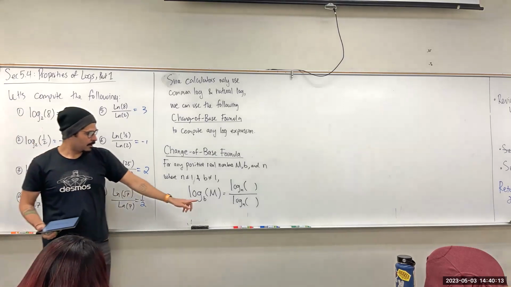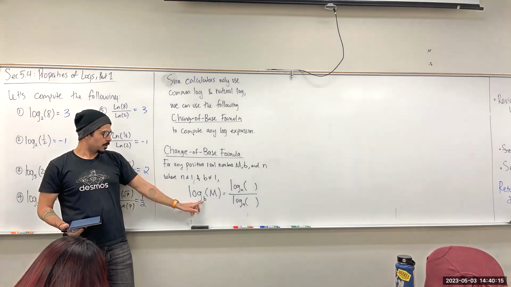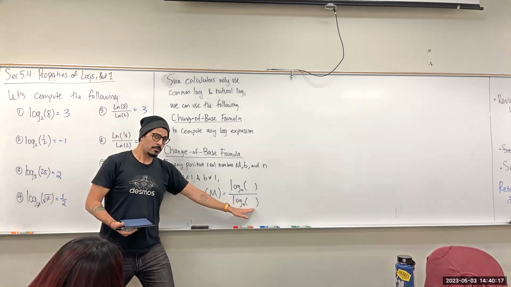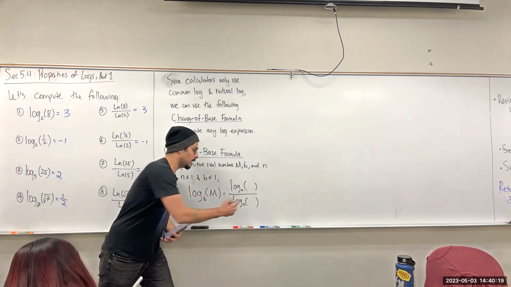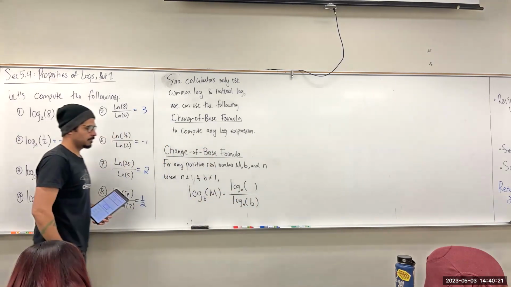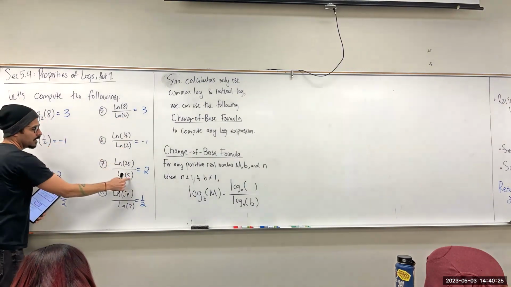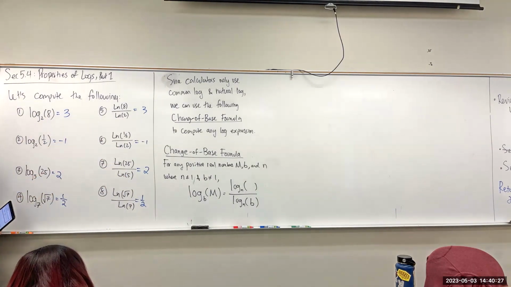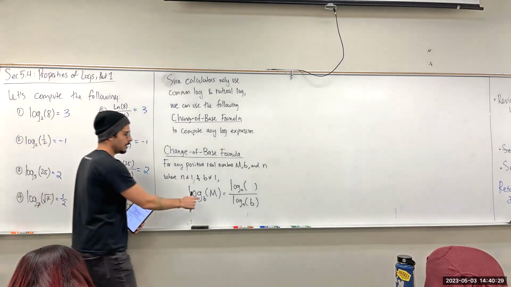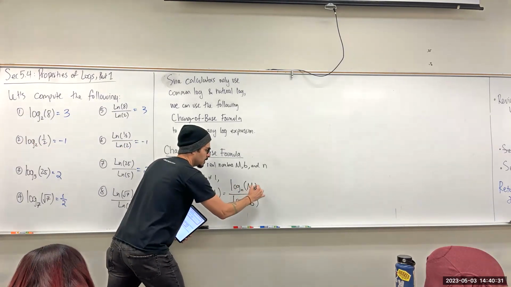And then whatever the base is of my original log, that's what I'm going to take to be in the denominator. The way we were seeing it here, all the denominators were the bases of the original log. And on the top, it's the same m that I was trying to take the log of.